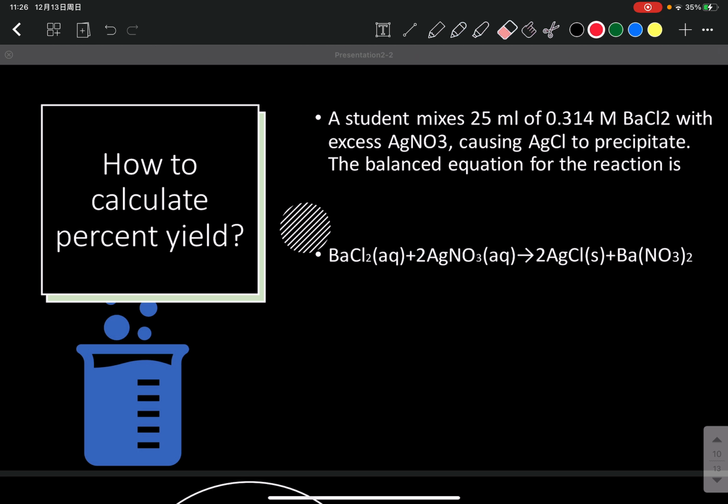The equation for the reaction is here, which is BaCl2 reacts with 2 AgNO3 and produces 2 AgCl with Ba(NO3)2.